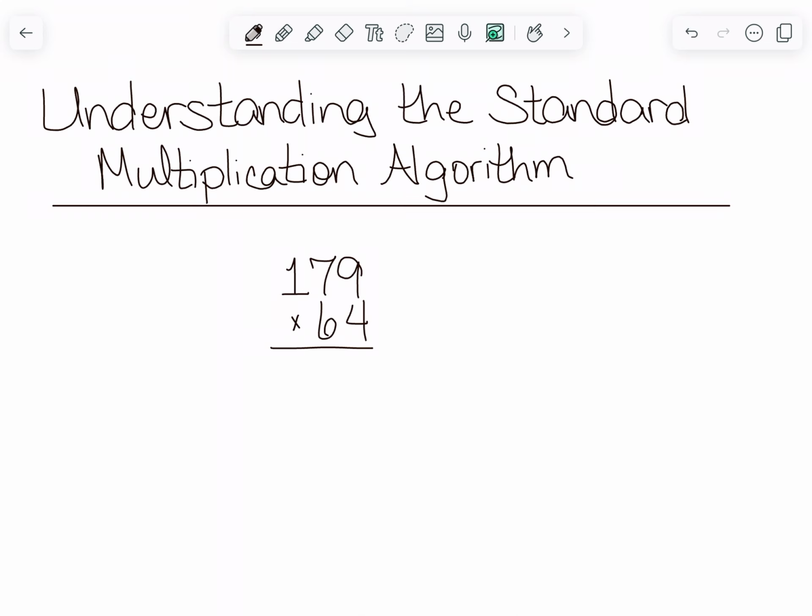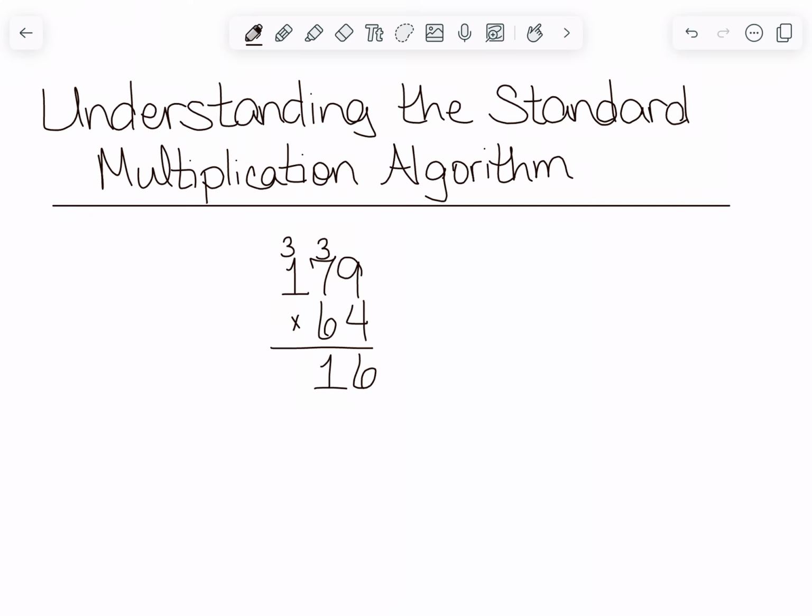9 ones times 4 ones is going to be 36 ones. We write down the 6 and we regroup 3 tens. 4 ones times 7 tens will be 28 tens, plus that extra 3 tens gives us 31 tens.